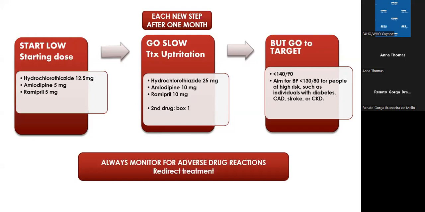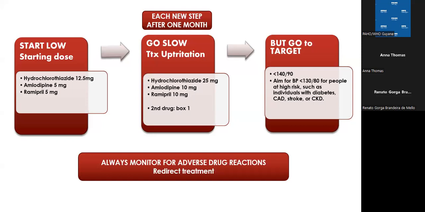Because if we start treatment with a regular or a high dose of antihypertensive treatment, an older patient may experience dizziness and other side effects that can influence the decision to withdraw a treatment.